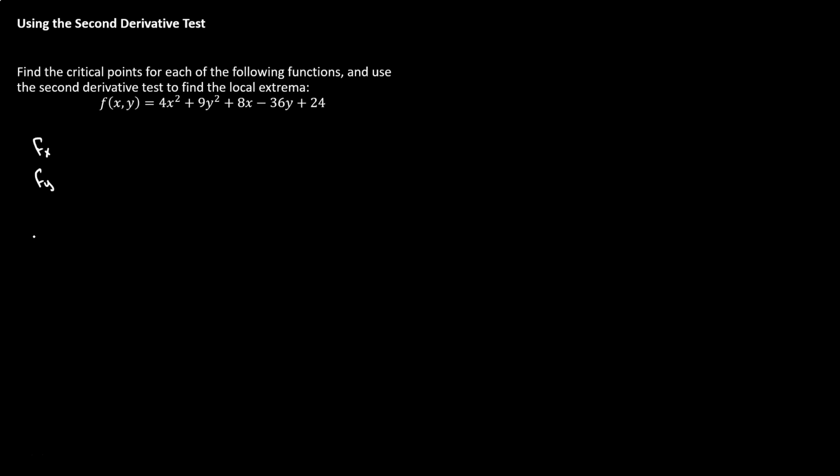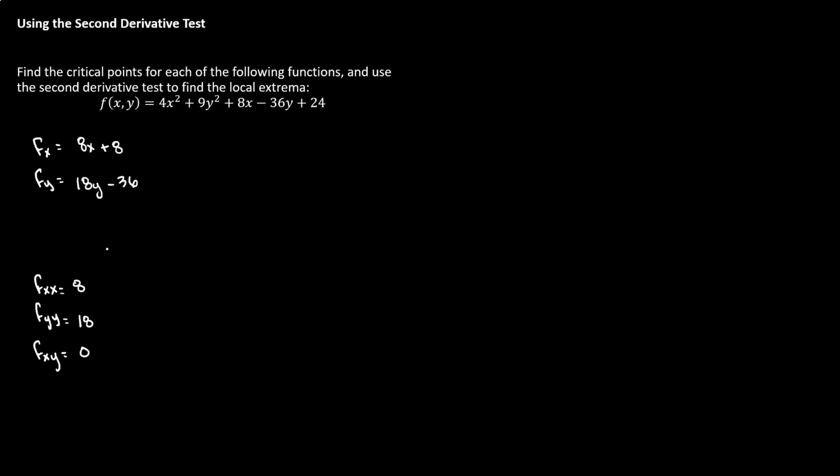We'll use those to find our critical points. But then we also need the second partial with respect to x, second partial with respect to y, and then the mixed partial. And we need these for the discriminant. So let's go ahead and calculate these partial derivatives. I'm going to pause it here, write out my partials. I would like for you to pause the video, try it yourself, and then compare answers.